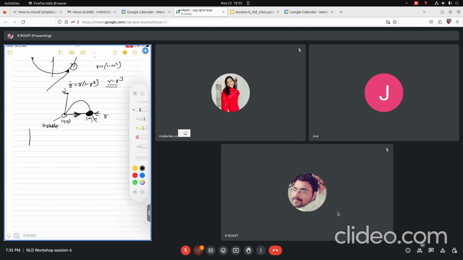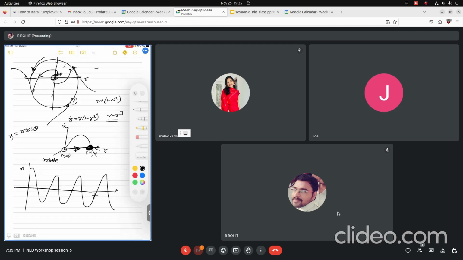Now for clarity, if you draw the time series of this, say x is equal to r cos theta, and you know the theta and r values at each point, you can draw the time series. If you plot the time versus x graph, you will see that it's a cos wave, so it will go like this. This periodic oscillation is what we are representing by this circular closed orbit.